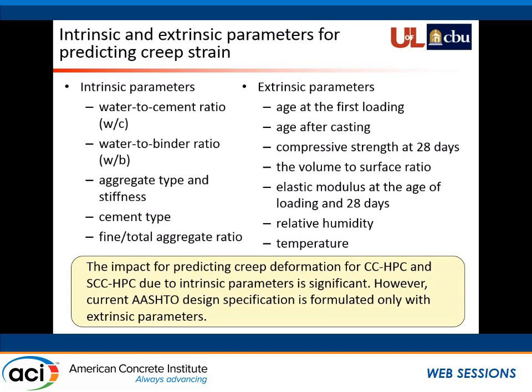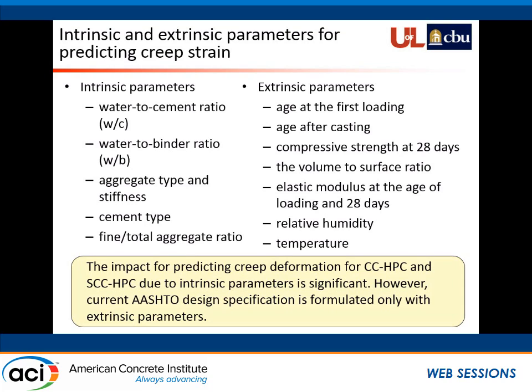Many existing models include many intrinsic parameters. But I would say the current AASHTO model focuses on the extrinsic parameters, because these parameters are easier to apply for designing bridge structures.